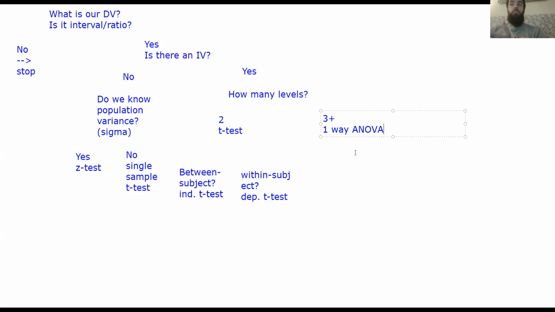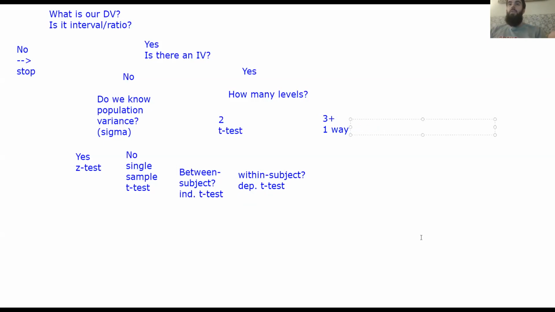You might imagine that we're going to change this flowchart next lecture by adding in a question about how many independent variables are there. Sorry, I'm futzing around. If there's more than 2 levels, we're doing a one-way ANOVA.